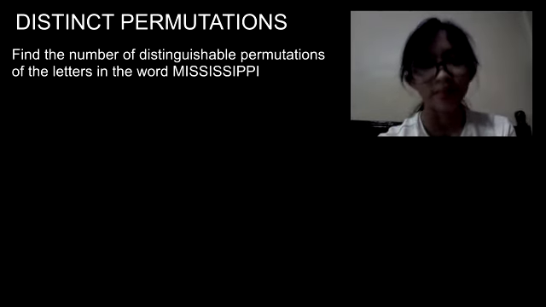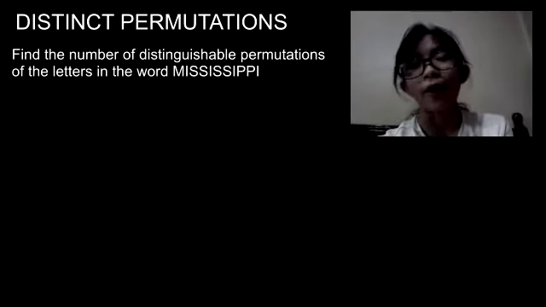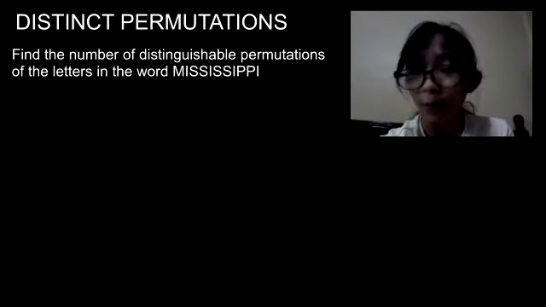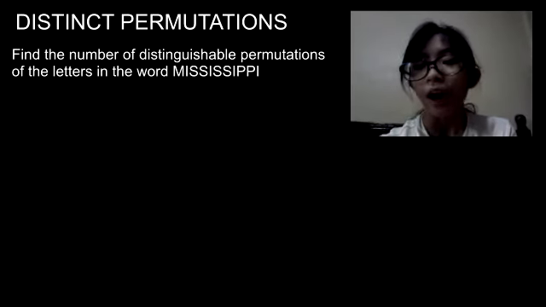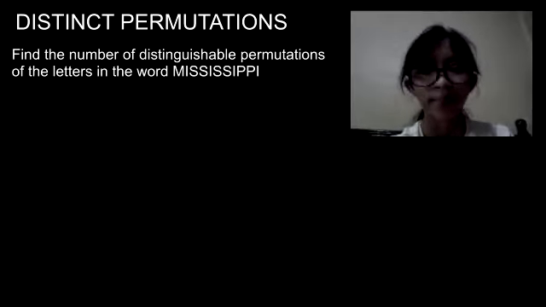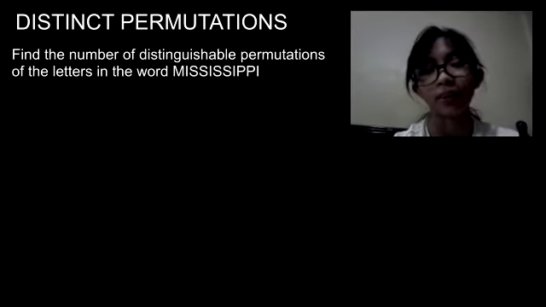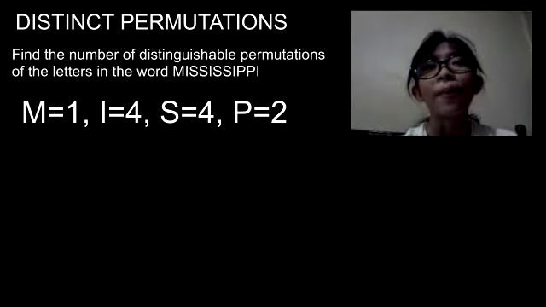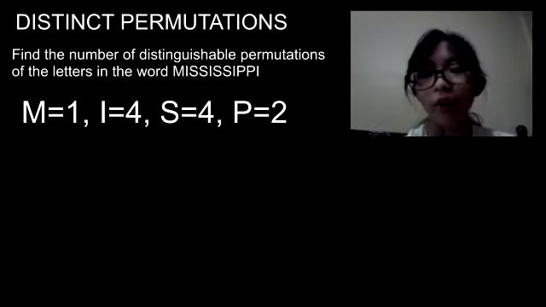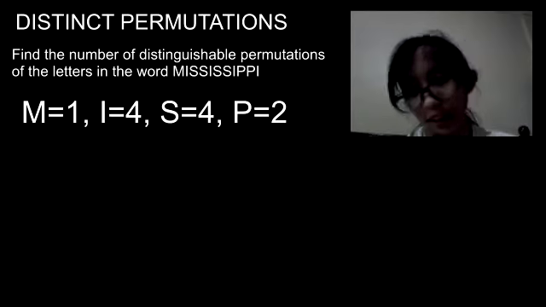A problem. Find the number of distinguishable permutations of the letters in the word Mississippi. So here are the frequencies of the letters. The letter M has 1, the letter I 4, S 4, P 2, for a total of 11 letters.